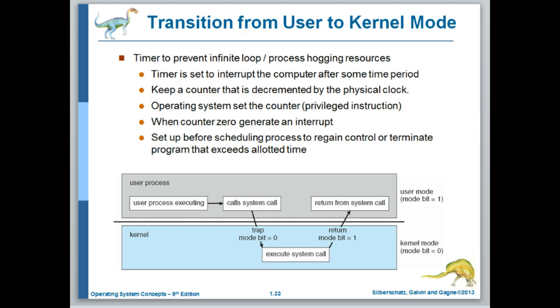It sees that the user wants to perform a disk read. It reads parameters, sets up a read, and then eventually that return there is most likely, as we talked about before, going to be a return to some other user process. But when control is passed to that user process, the CPU is transitioned back to user mode.